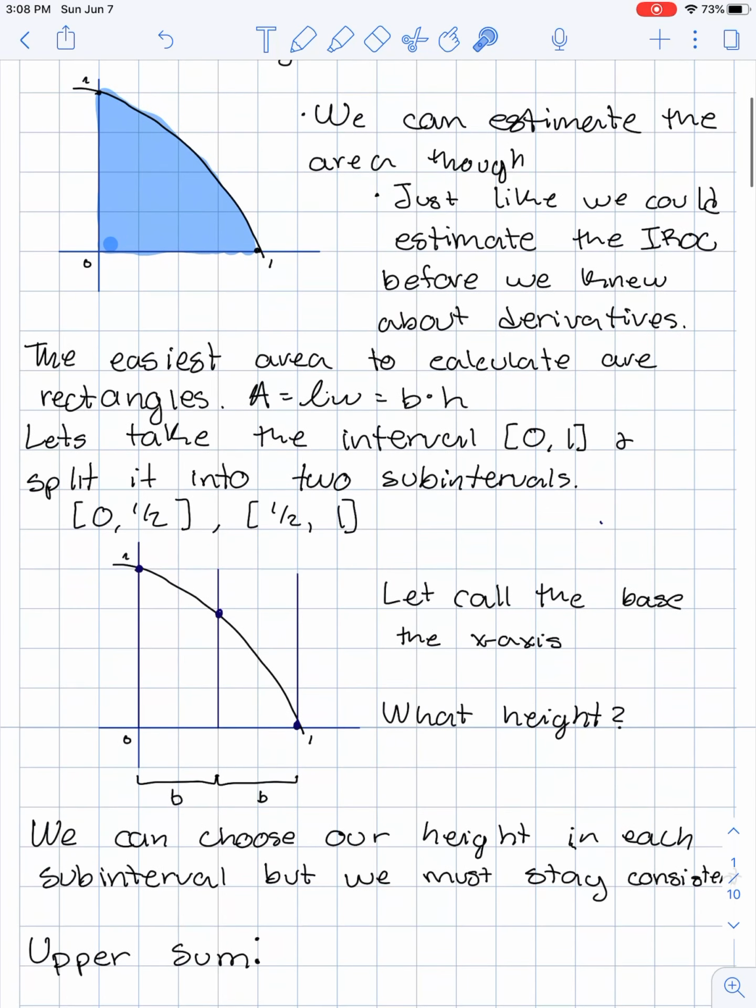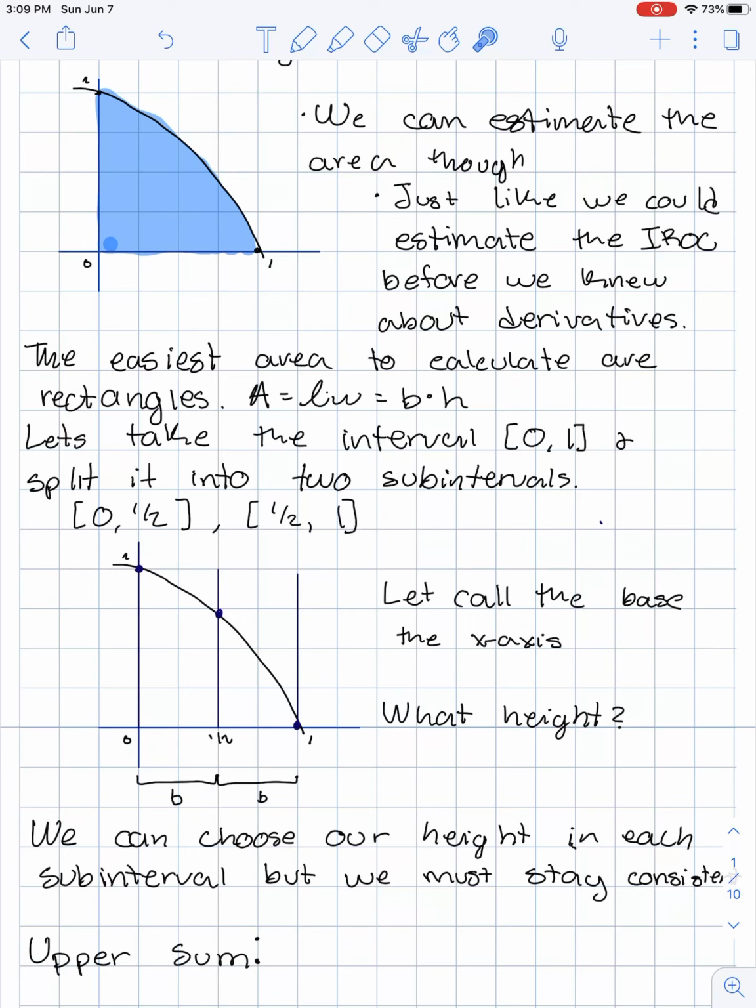So we split our 0 to 1 into two subintervals, 0 to 1/2 and 1/2 to 1. All right, so we call the base of a rectangle b, and it's going to be from 0 to 1/2 and 1/2 to 1. Well, what about the height?